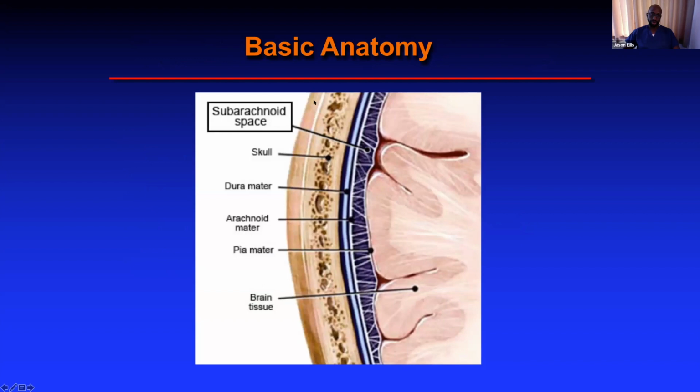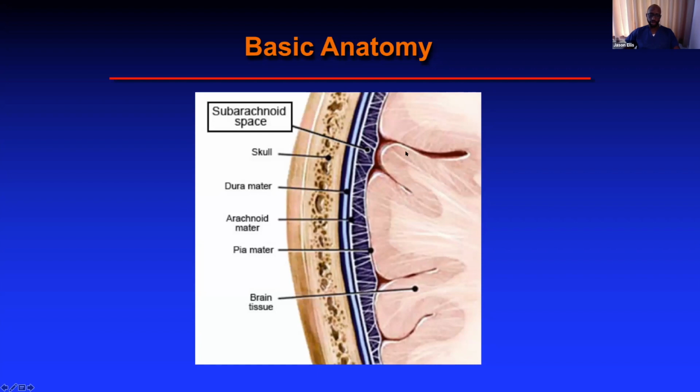Obviously, the outer part of the head is the scalp. Just below that is bone, or the skull bone. In the normal state, tightly affixed to the inner part of the skull is the dura, which is a thick outer covering membrane that surrounds the brain. Just beneath the dura is a web-like membrane called arachnoid. And then a layer that's really just tightly opposed to the brain cortical surface is called pia.